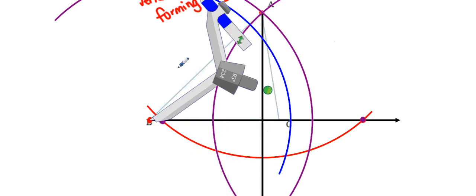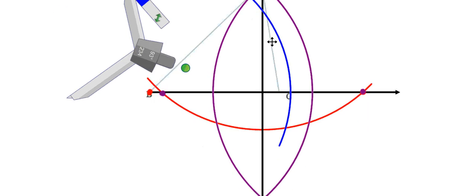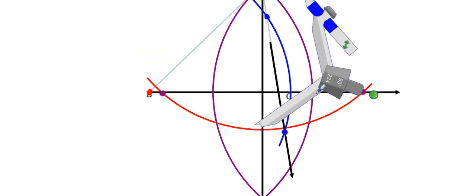And apparently I didn't do a very good job of that because I'm going to have to take my straight edge again and extend, this time, side AC. So I want the points where that blue arc intersects either side AC or the extension of side AC.